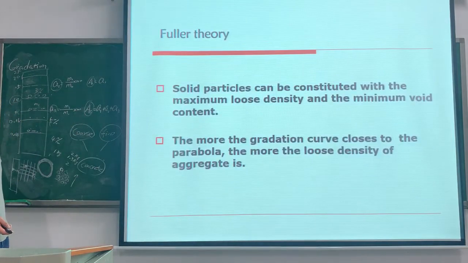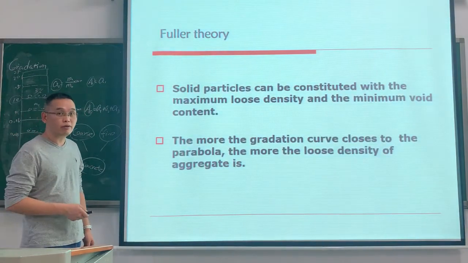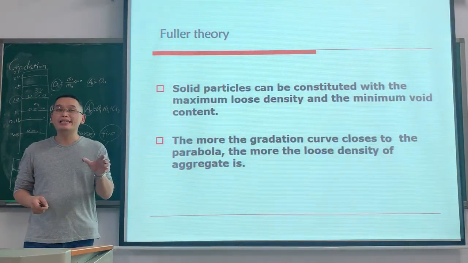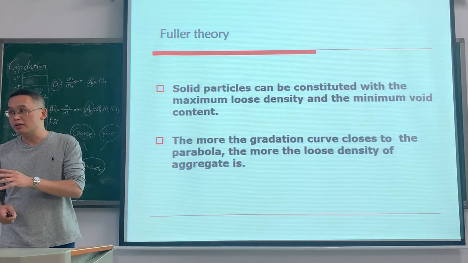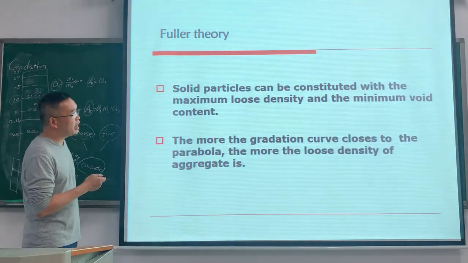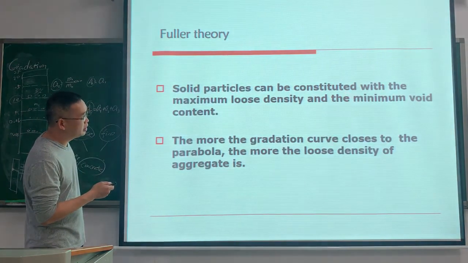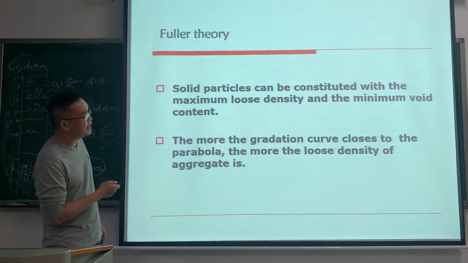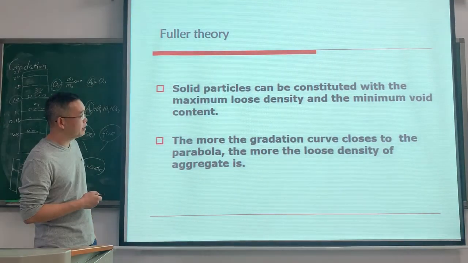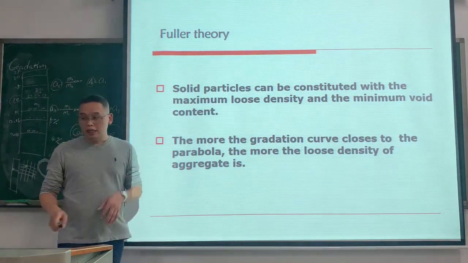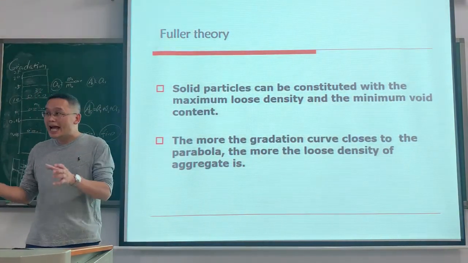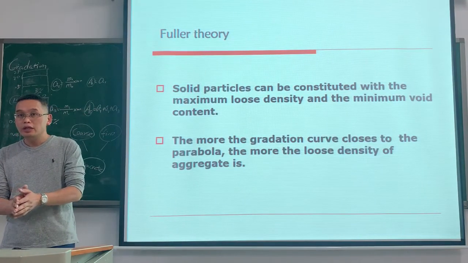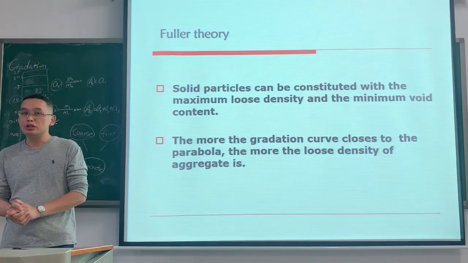The first theory is the flow theory. For flow theory, solid particles means the aggregates. The solid particles can be constituted with the maximum density and the minimum void content. So if we put the aggregates together, there are two requirements we need to satisfy.